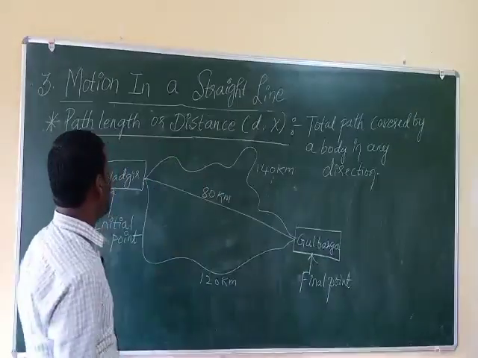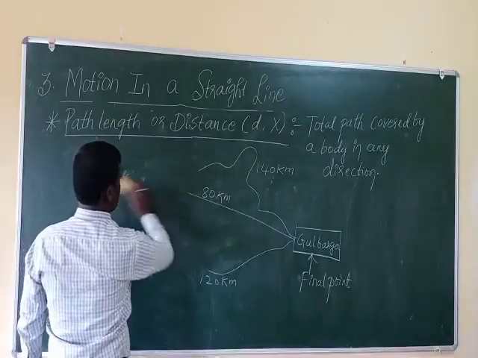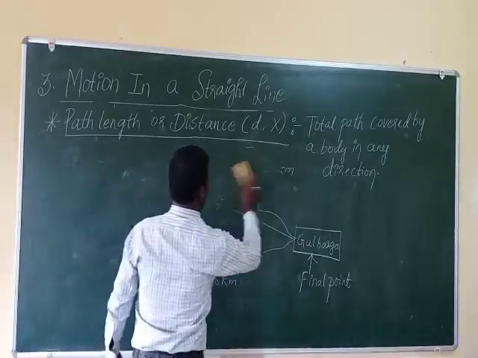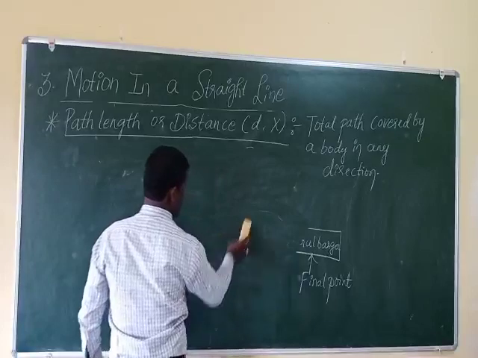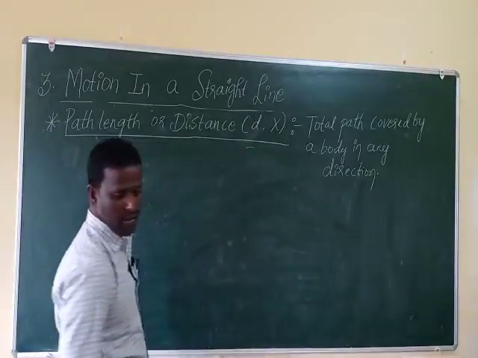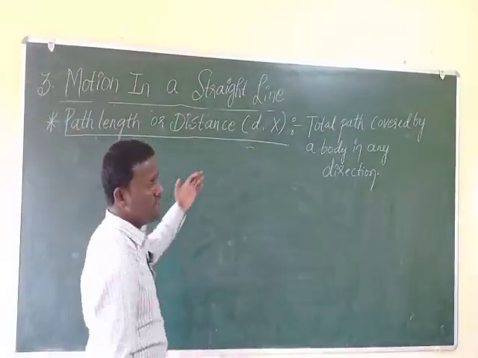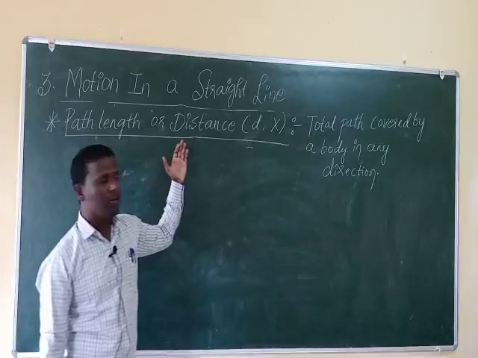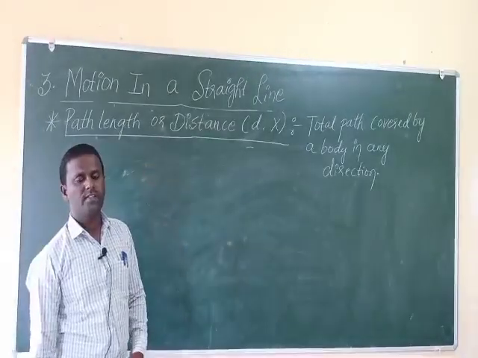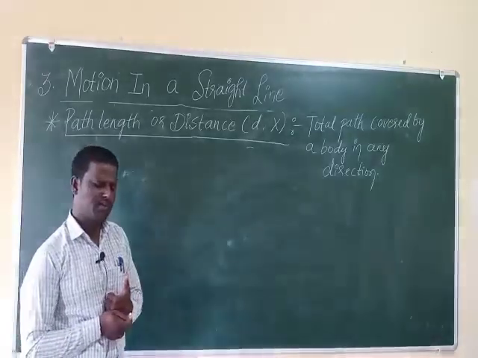The symbol used for distance or path length is d or x. The unit used for distance or path length is meter. Meter is the SI unit.